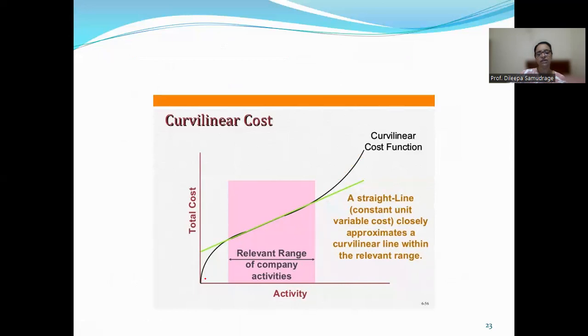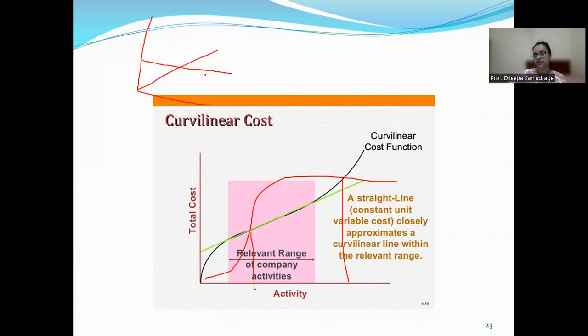Sometimes when you draw a revenue line like this, you may get two different break-even points if they are curves. But if you assume they are linear, you don't get two different figures. You get only one break-even point, right? So that is another issue.